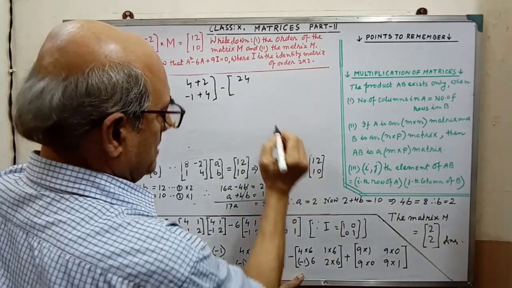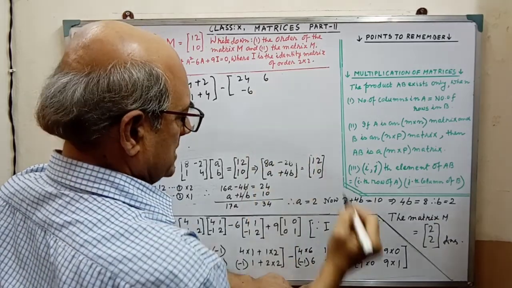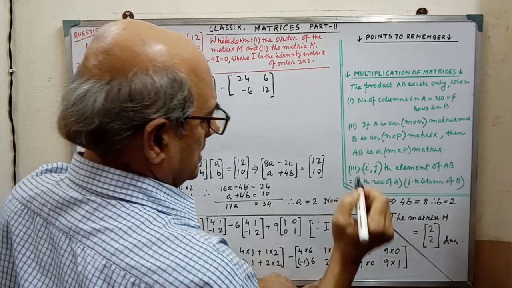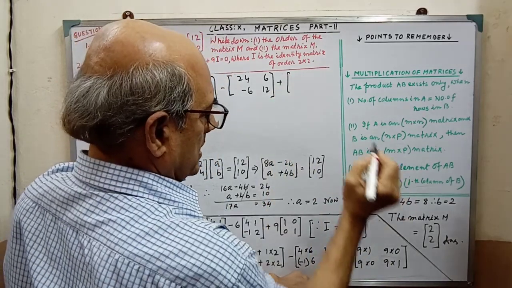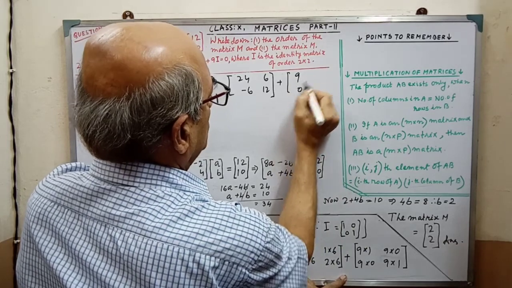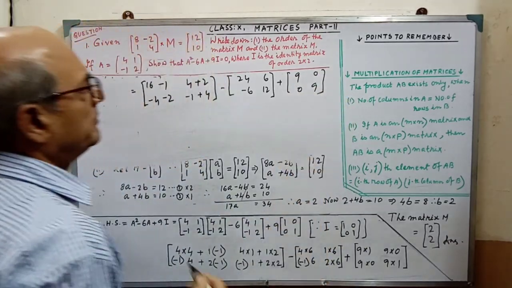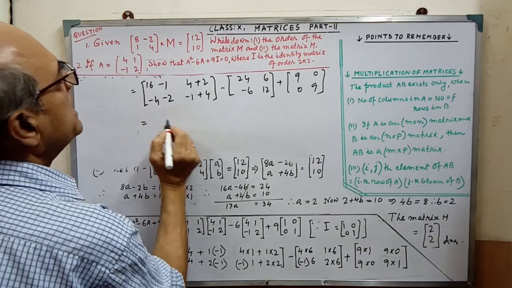24 minus 6, and this is 6 and 12, and this is 9 0 0 9. I think very simple. Now we have to simplify.